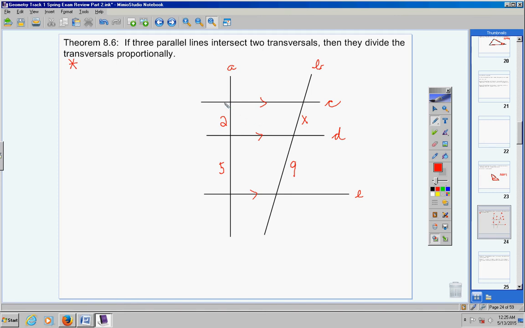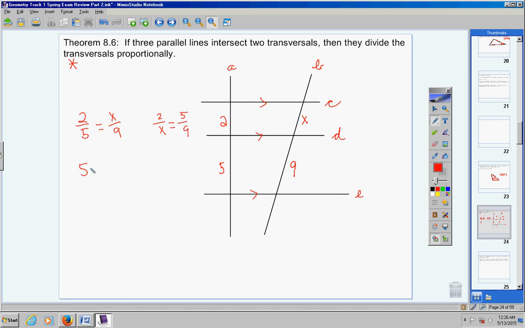Well, as soon as you see you have three parallel lines, 1, 2, 3, cut by two transversals, 1, 2, then you should remember this theorem right here. These two segments here are proportional to these two segments here. So I could say 2/5 equals x over 9. That's totally awesome. Or you could say as 2 changes to x, 5 changes to 9. Either way you'll get the same answer.